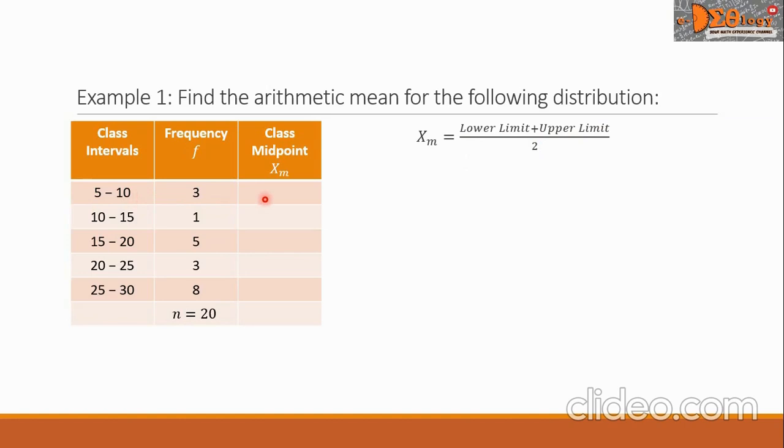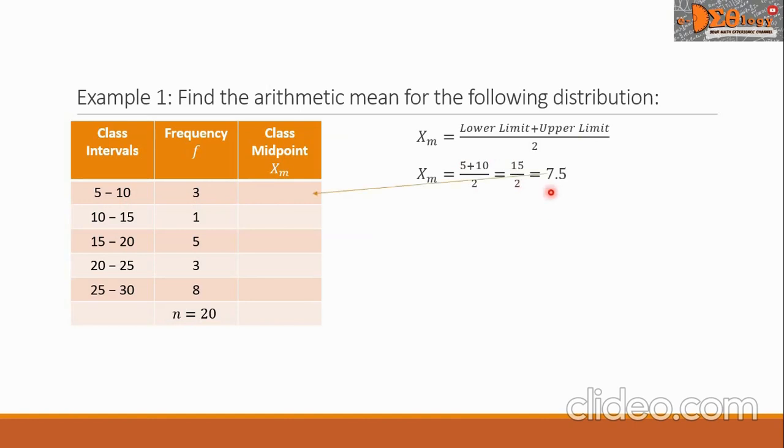So in our first class from 5 to 10, the lower limit is 5 and the upper limit is 10. Getting the midpoint of this group, we have now this 5 plus 10 divided by 2. Simplifying, this 5 plus 10 will give 15, and then this is divided by 2, and we will have 7.5.